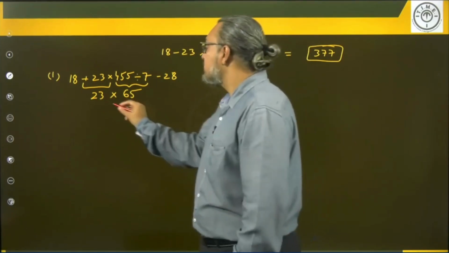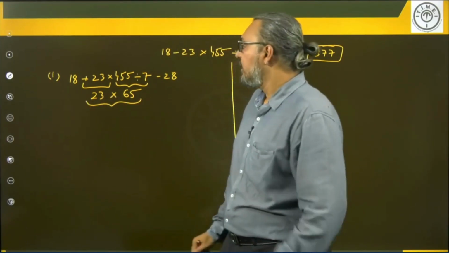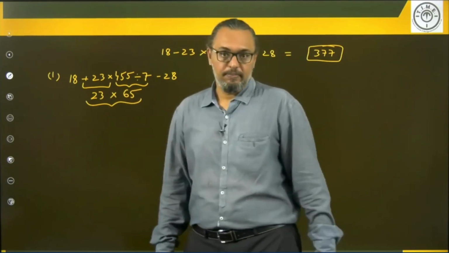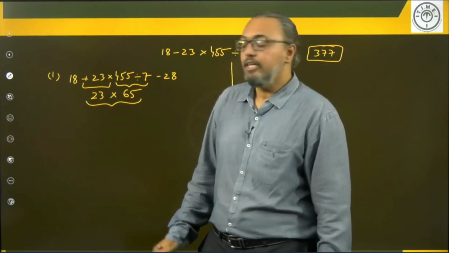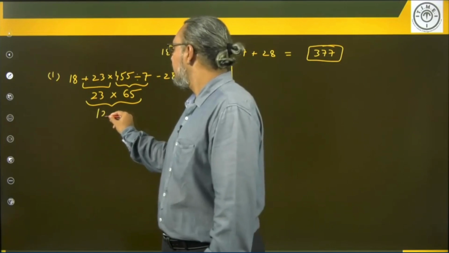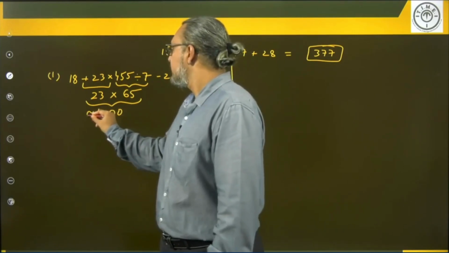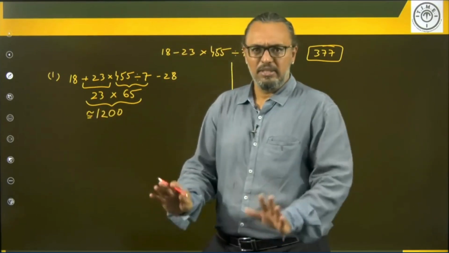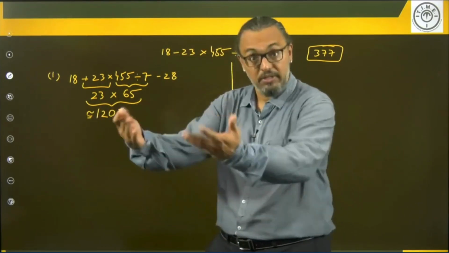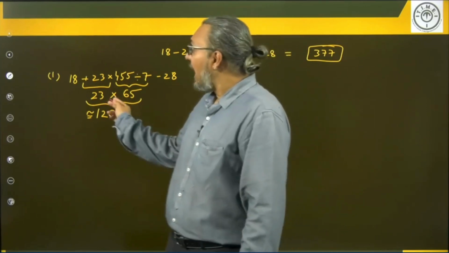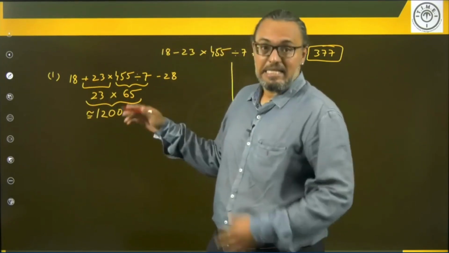Now do the approximation. How much is 20 into 60? Basically you will get 1200. Approximate is 1200. I am just taking an approximation. 1200 plus only, more than 1200. Then by adding 18, it is 1218 plus.